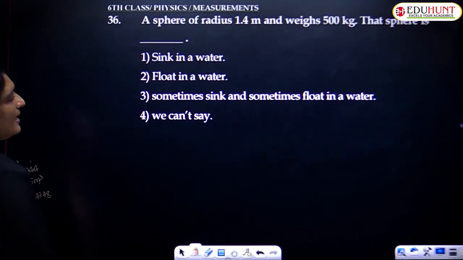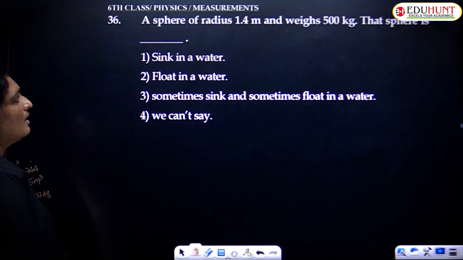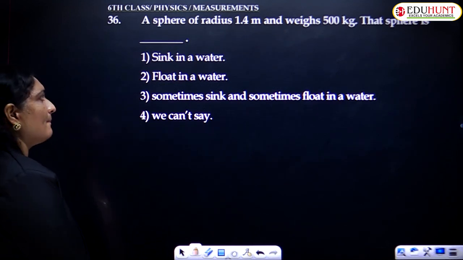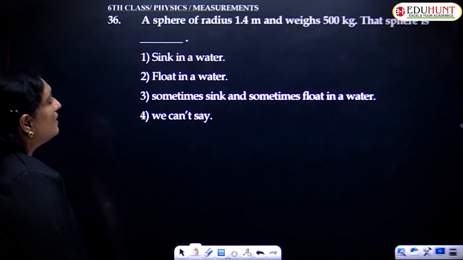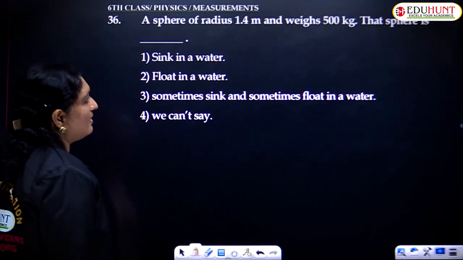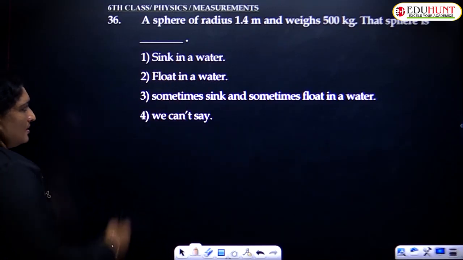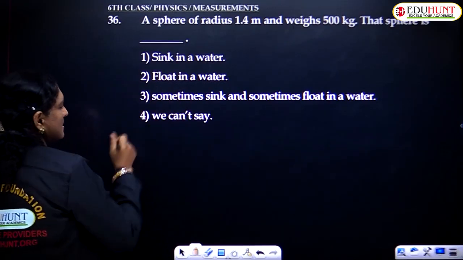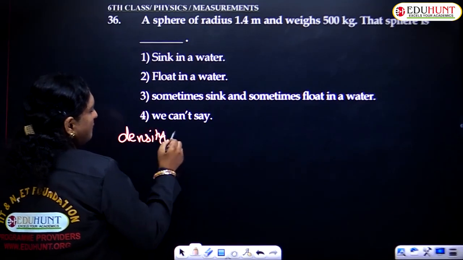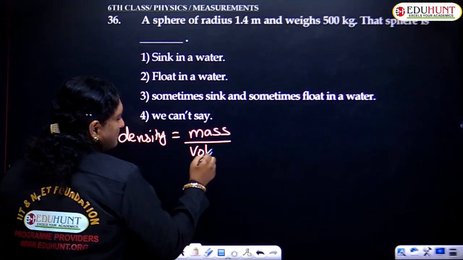A sphere of radius 1.4 meter weighs 500 kg. What happens to the sphere? So what is given? Radius is given and mass is given. You are asked to find out whether it floats or sinks in water. In order to find out float or sink, we need to find out the density. Again, the formula for density is nothing but mass by volume.